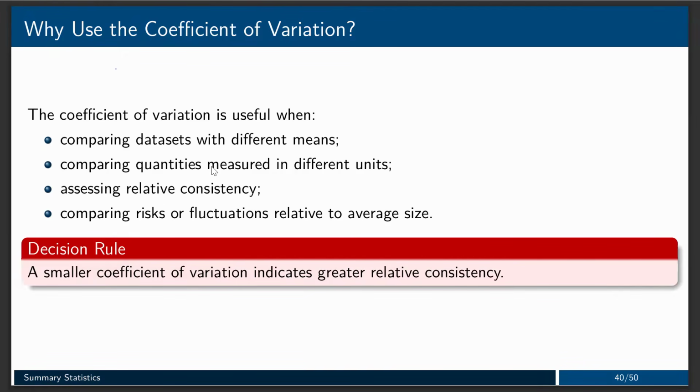You can also compare quantities measured in different units. It helps to assess the relative consistency of two different data sets and to compare risks or fluctuations relative to the average size. So the main thing here is that once you have more than one data set and you want to compare, the coefficient of variation becomes very, very useful.